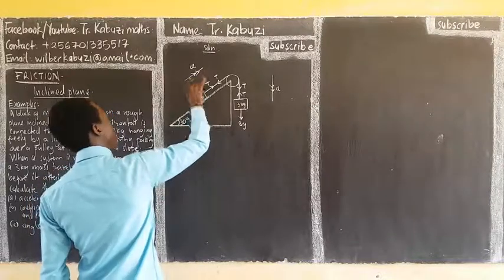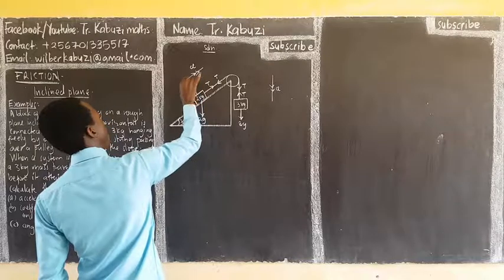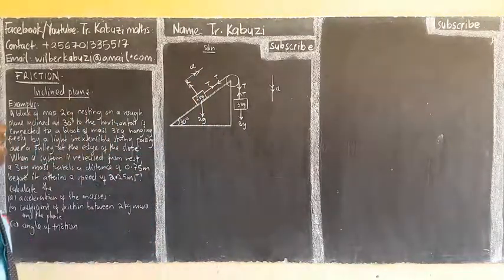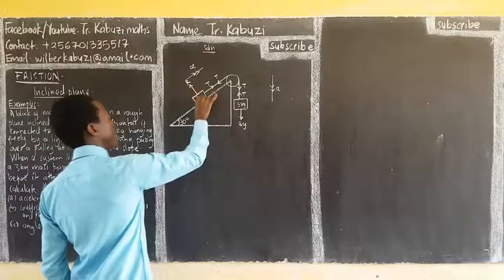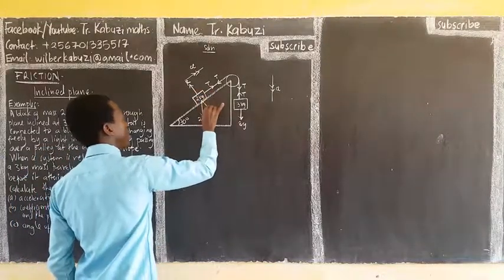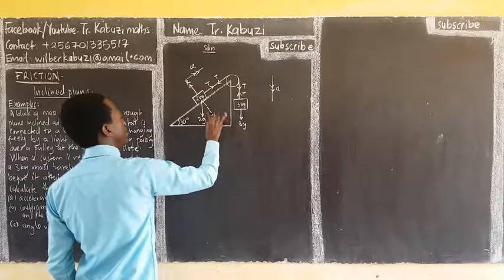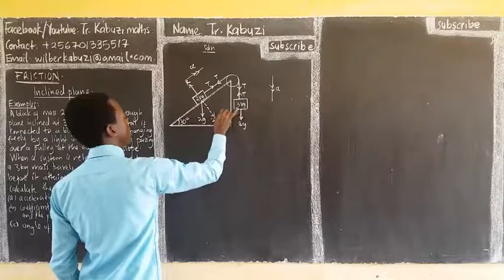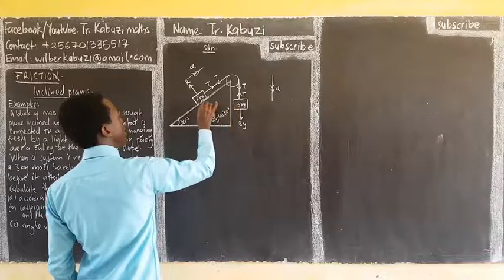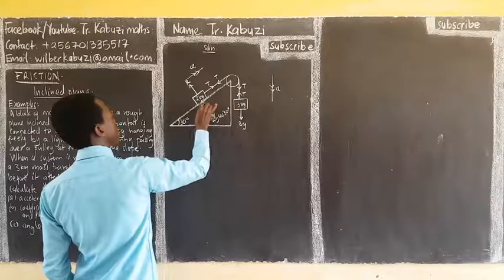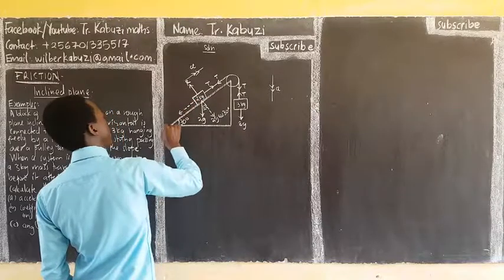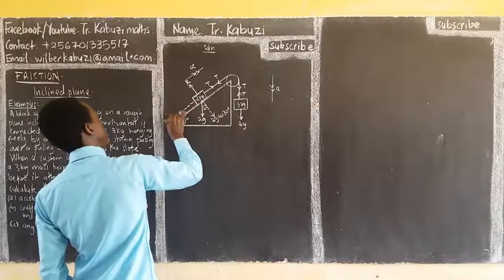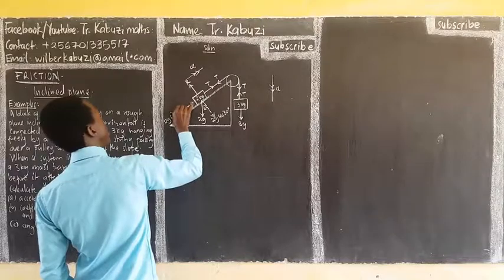Of course, it will be having a reaction there. Now let us resolve this weight here. This is 2g cos 30 degrees, and this is going to be 2g sin 30 degrees.